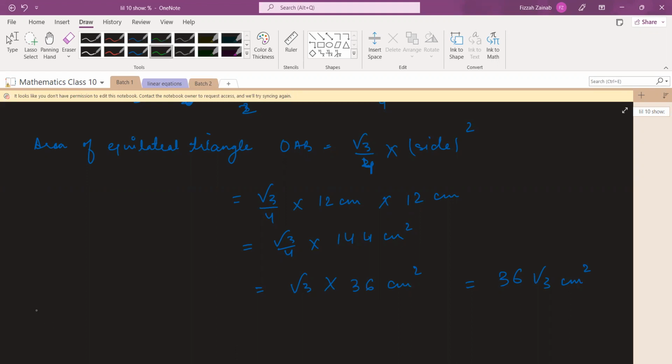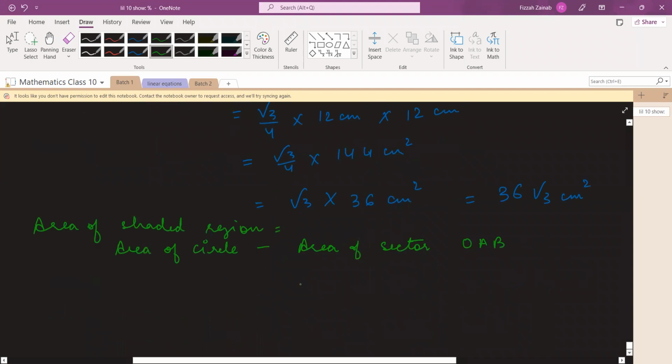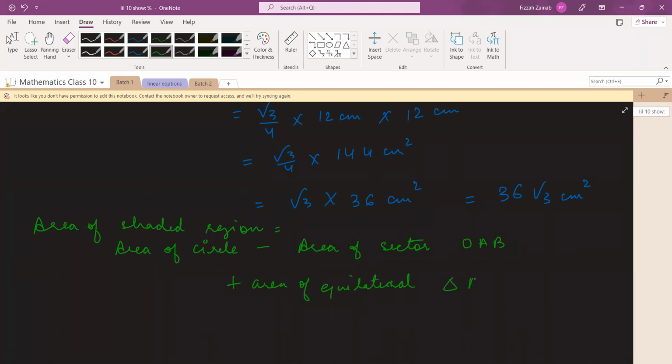Okay, so now you write that the area of the shaded region will be equal to the area of circle minus the area of sector OAB, and then plus the area of equilateral triangle OAB.